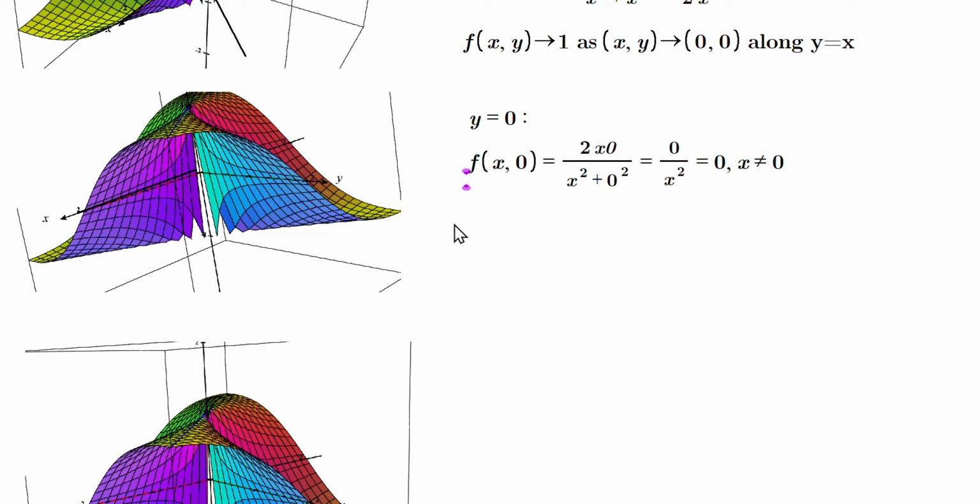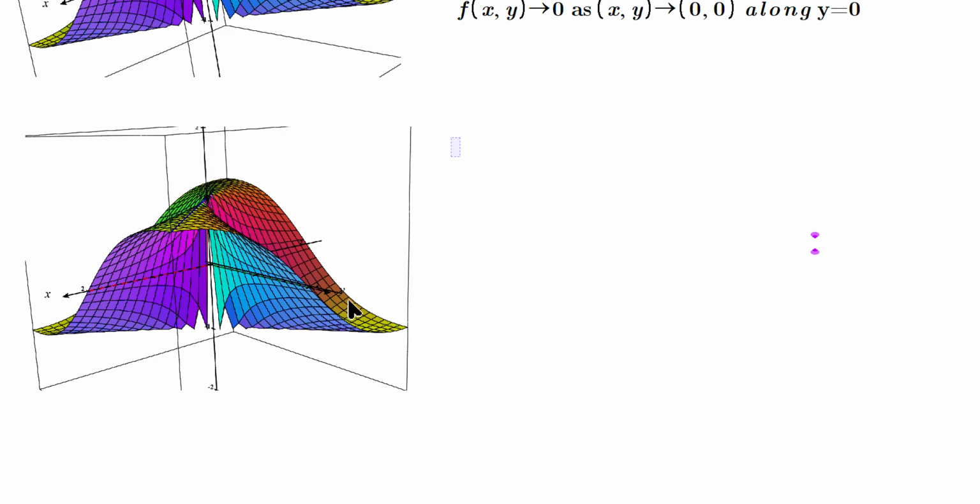So here what you would say in terms of a limit statement is f of x comma y tends towards 0 as the point x comma y approaches the origin again. So in the picture, remember, you're going along the x-axis, you're still going towards the origin. So as x comma y approaches 0 comma 0 this way, along y equals 0, or along the x-axis. That's another way to describe it.